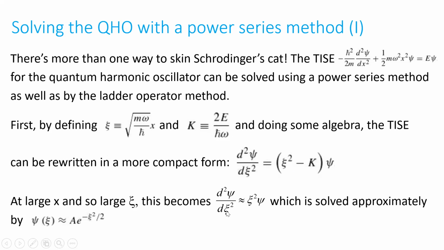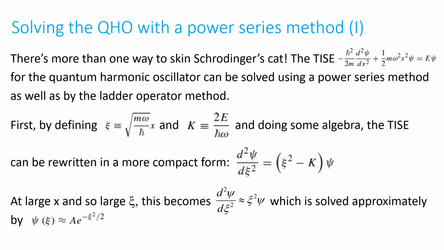We get the second derivative of psi with respect to c squared is approximately equal to just c squared psi. And it turns out that's approximately solved by psi approximately equal to A e to the minus c squared over 2. And you can verify that by taking the second derivative of this and comparing it to just taking c squared and multiplying by this expression here, and you'll see that they are approximately the same.